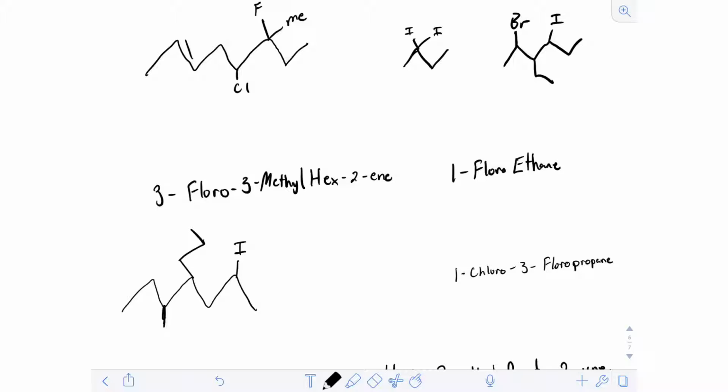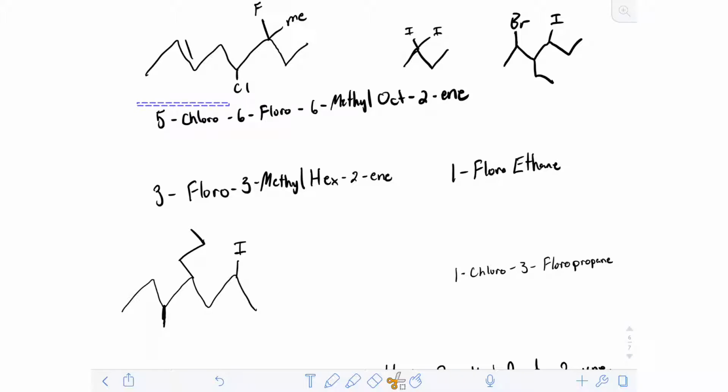Alright, so now I'm going to give you the answer to these practice problems. So first one up, got 5-chloro, 6-fluoro, 6-methyl, 2-ene.